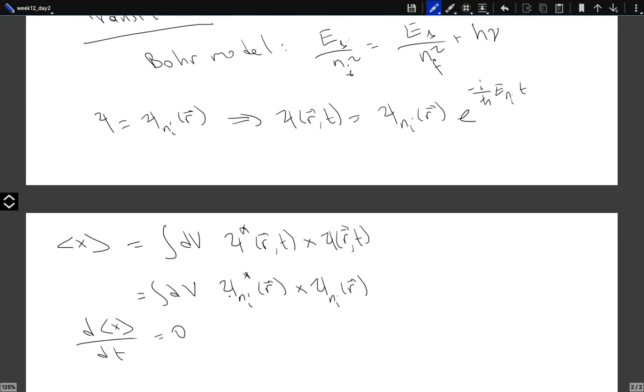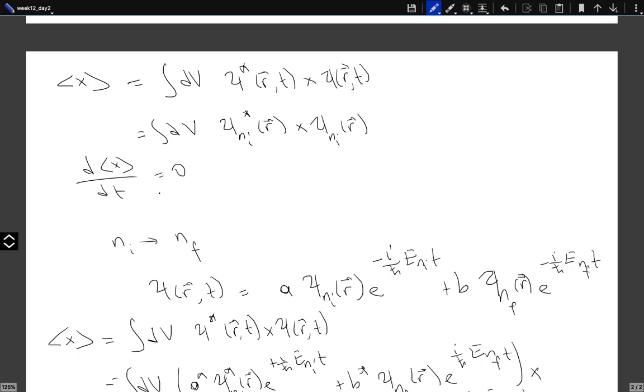You see, this is no transition. When there is no transition, and this is during the transition.